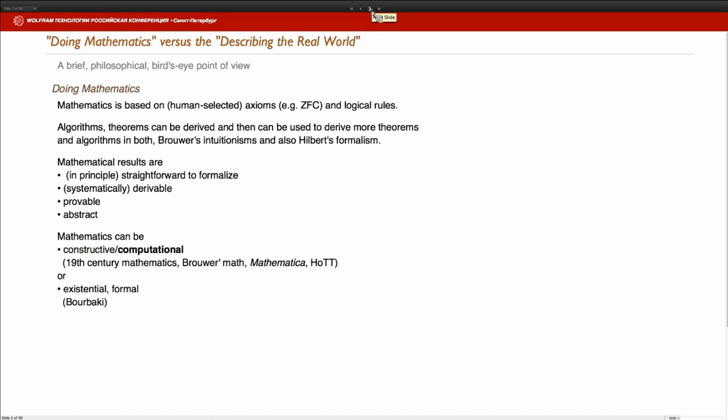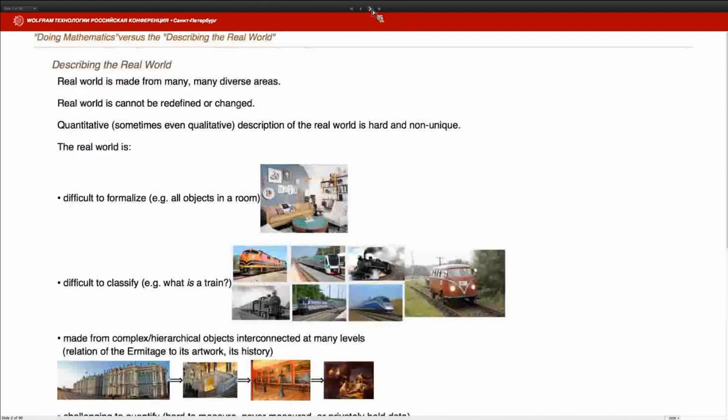More or less everybody agrees on this, be it the Brouwer intuitionistic versions or the Hilbert more formalistic existential ones. We can prove everything, we can derive it. And mathematics is either constructive and computational, something that Mathematica has been mostly exploiting, or it can be much more existential and formal, thinking of the Bourbaki school.